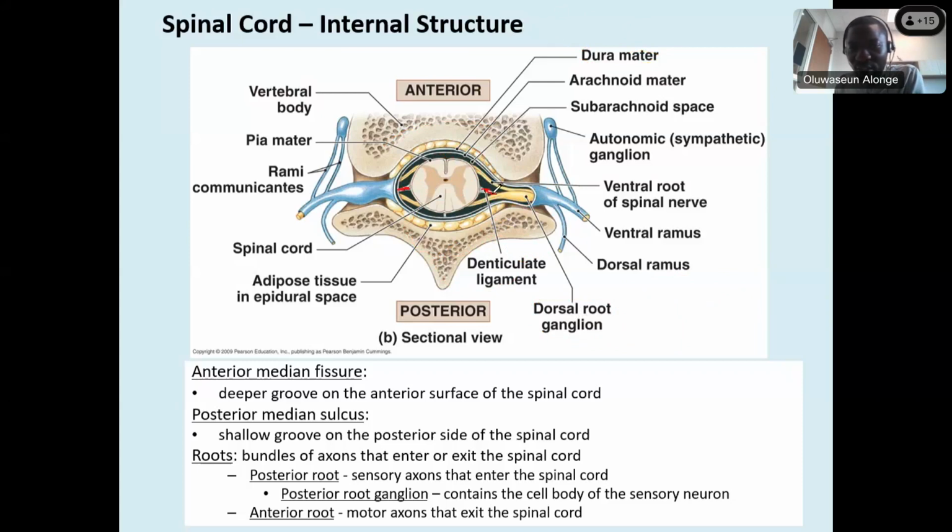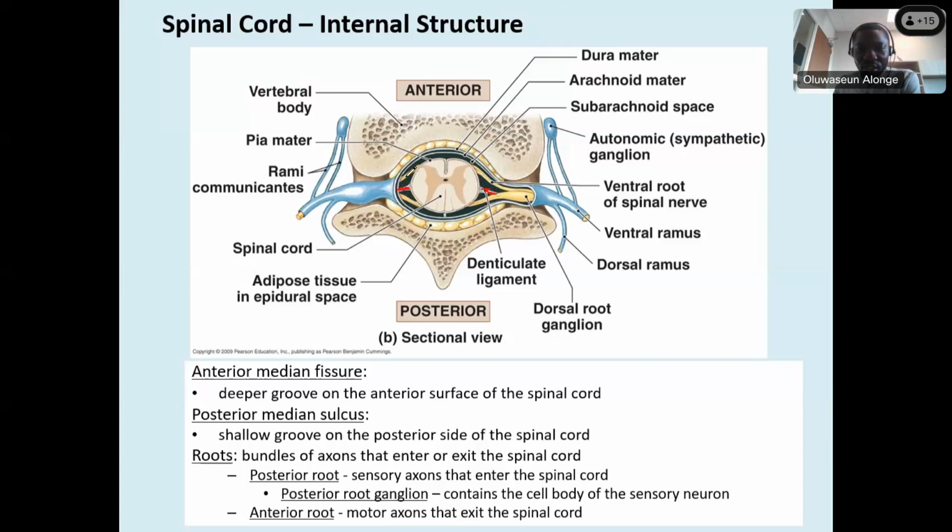That denticulate cartilage is what reinforces the spinal cord on the lateral side, and then the pia mater holds it inferiorly so that it's not moving around. And you know that on the superior side, the spinal cord is simply a continuation of the brain. So here, these are the ramus.